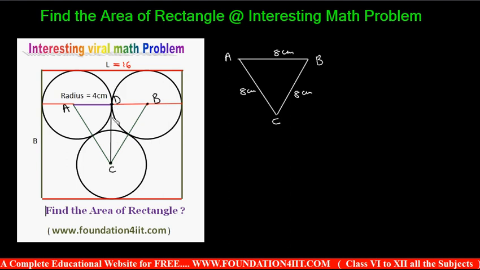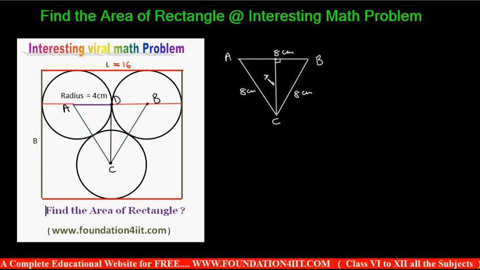So I should find the length of DC. In an equilateral triangle, if you join the midpoint of one side to the opposite vertex, that is the height of the equilateral triangle. Right? This is perpendicular.